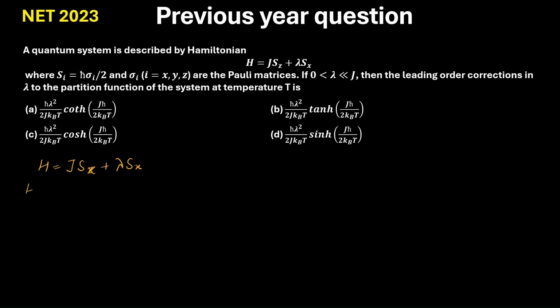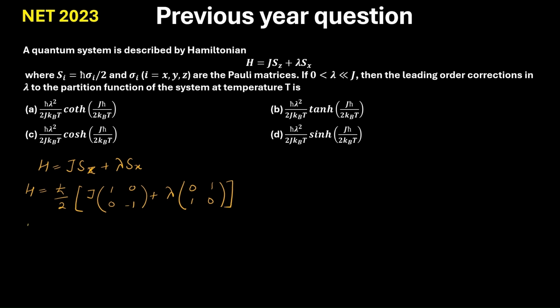So what we'll do is we'll substitute the Pauli spin matrices. So it will be J, the Sz we can write as minus 1 0, plus lambda 0 1 1 0.